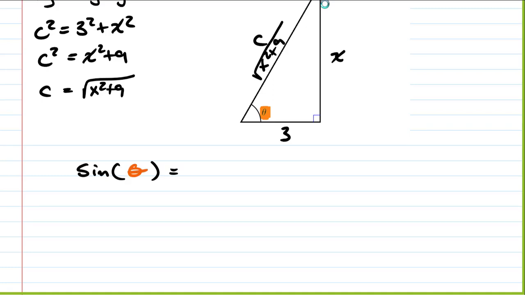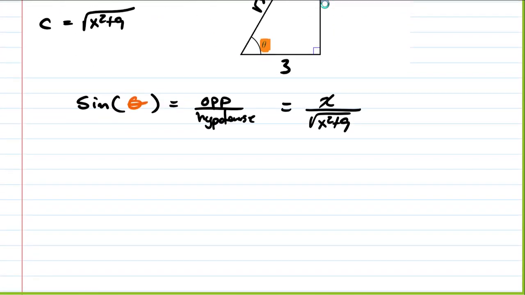Well, sine theta is opposite over the hypotenuse. Our opposite of theta is x, and our hypotenuse is the square root of x squared plus 9.